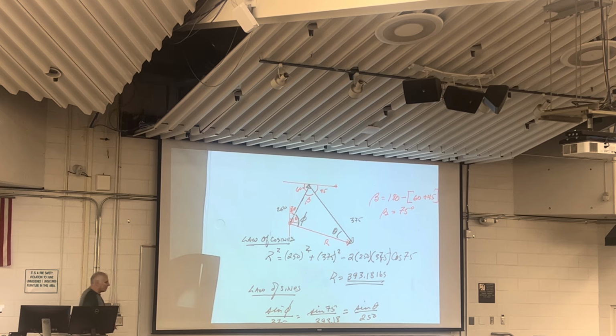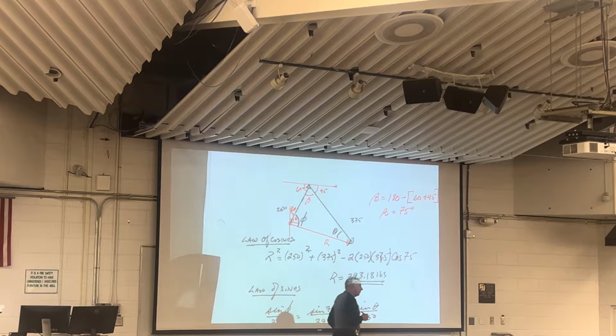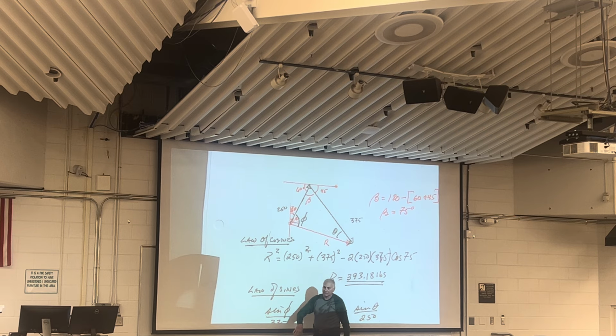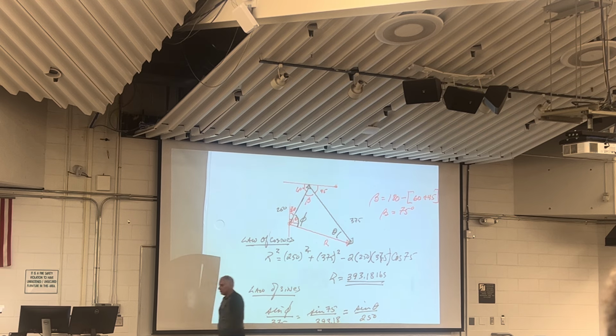So in the law of sines, it's always the angle and the side opposite that angle. And it doesn't matter whether you put the 375 up top and the sine down there, or the sine here and the 375. It doesn't matter, it's a ratio.